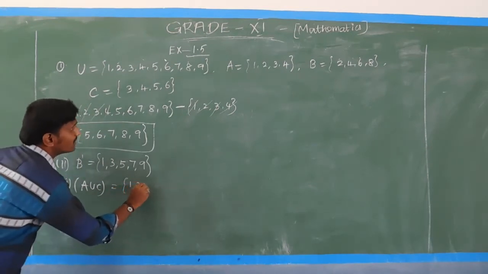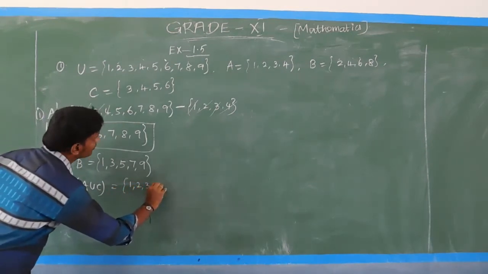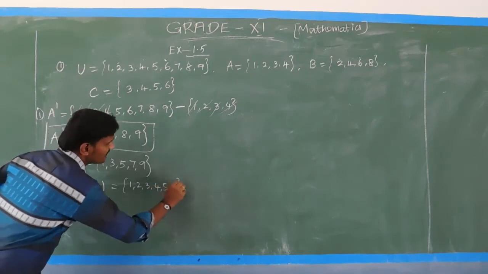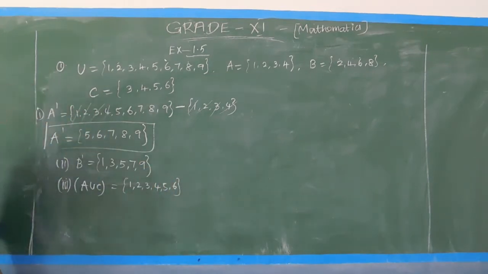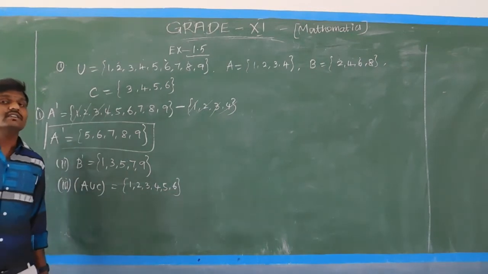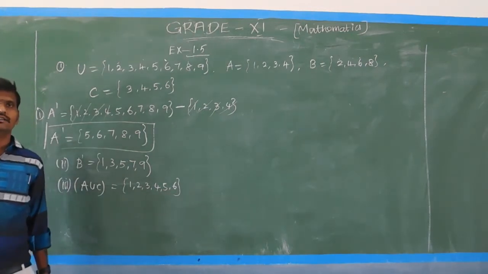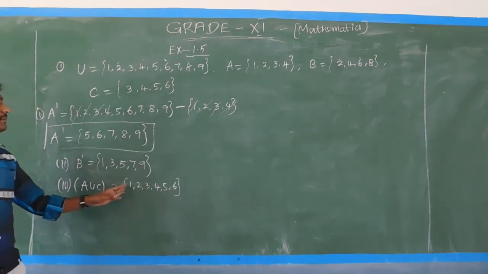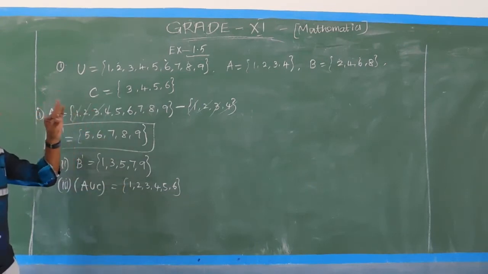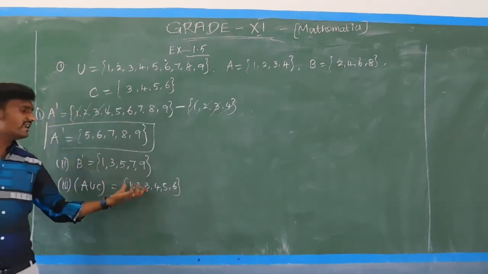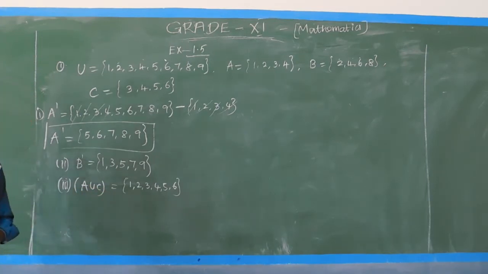So joining the elements: 1, 2, 3, 4, 5, 6. Students, I already told you the repetition of elements is not allowed in a given set. So 3 and 4 appear two times, but I write them only one time. So this is your A union C.